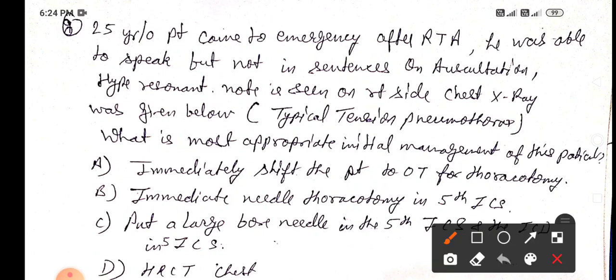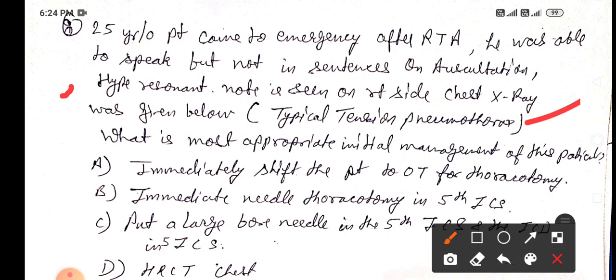A 25-year-old patient comes to the emergency after an RTA, road traffic accident. He was able to speak but not in sentences. On auscultation, a hyperresonant note is seen on the right side of the chest. An X-ray was given below. A typical tension pneumothorax image is visible in the chest X-ray.